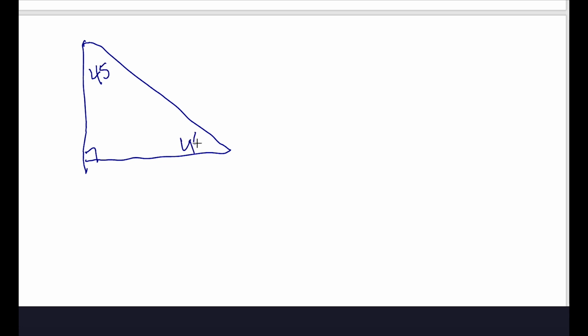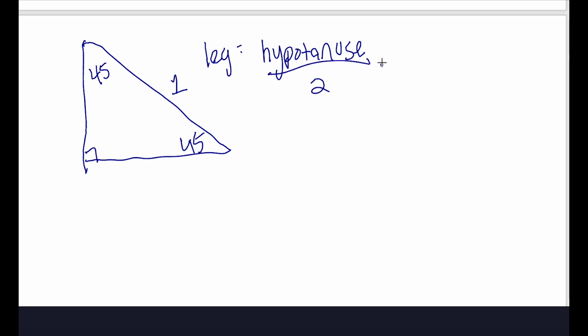Now in trigonometry, we're going to talk about the unit circle, which, as I mentioned last time, means that the hypotenuse equals 1. So we can follow the same process that we just completed using a hypotenuse of 1. So the leg equals the hypotenuse divided by 2 times the square root of 2.